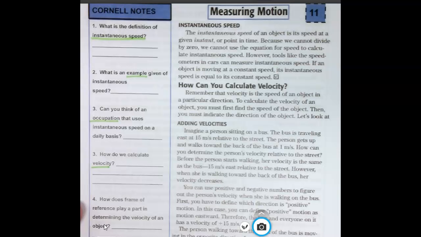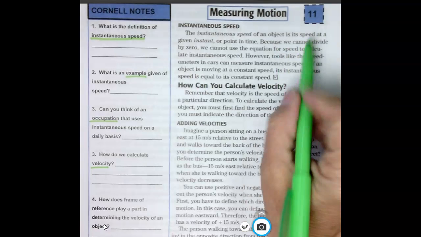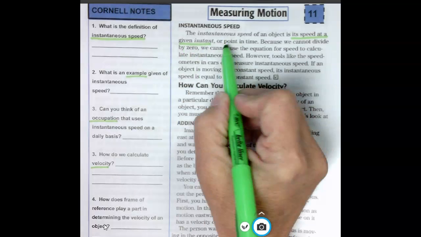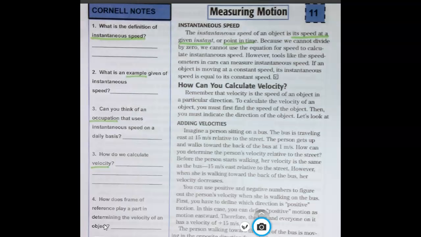The instantaneous speed of an object is its speed at an instant or a point in time. Because we cannot divide by zero, we cannot use an equation for the speed to calculate instantaneous velocity or instantaneous speed. So there's no formula for this.